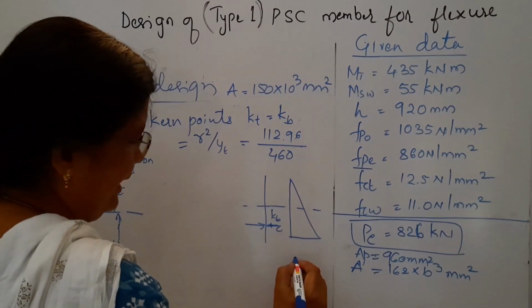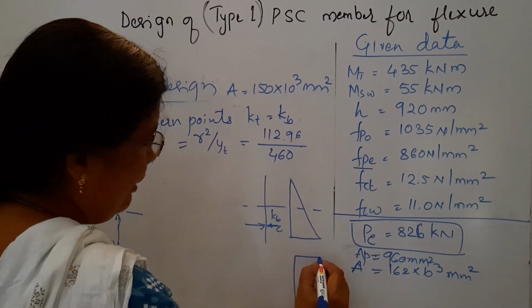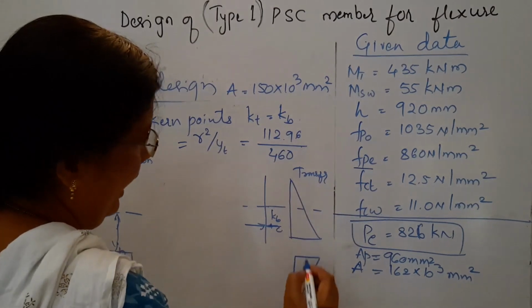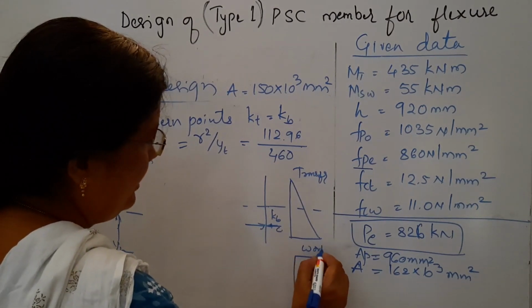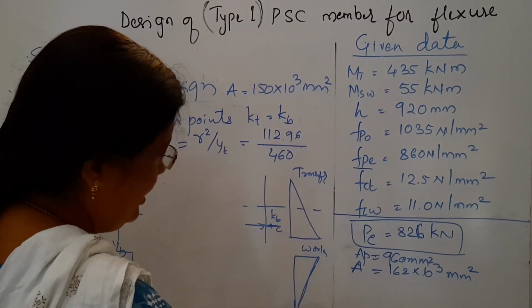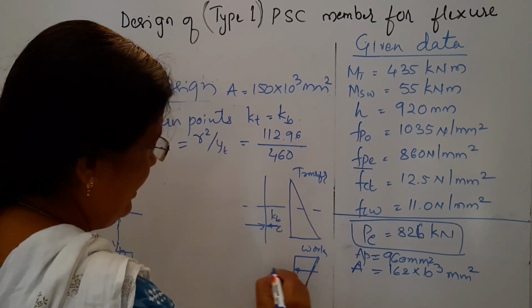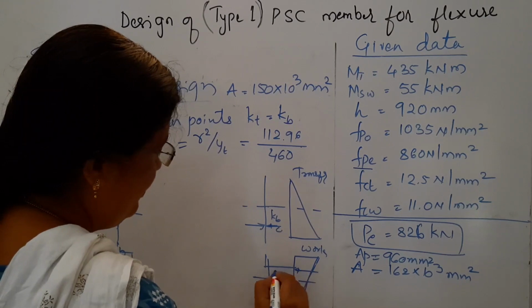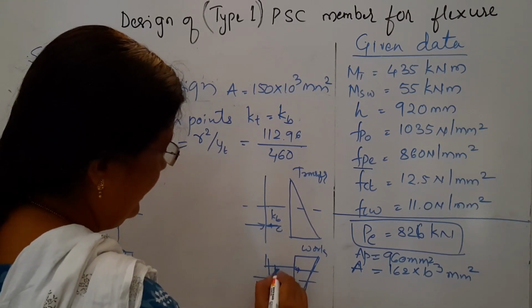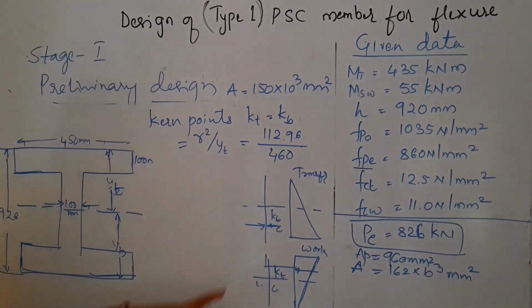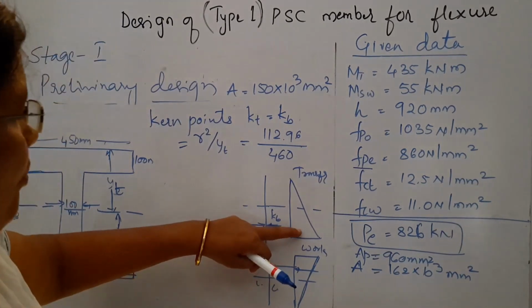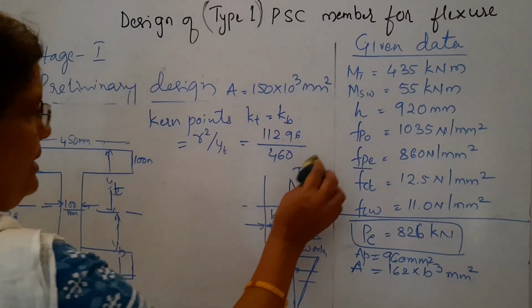If it is for the working condition, this was at transfer. At working condition or service condition, the bottom stress should be 0 and the compressive force will be somewhere here, CG is here, and the distance between them will be equal to KT. Here these two will be the same, therefore we have taken KB equal to KT, the distance of the compressive force from the centroidal axis.